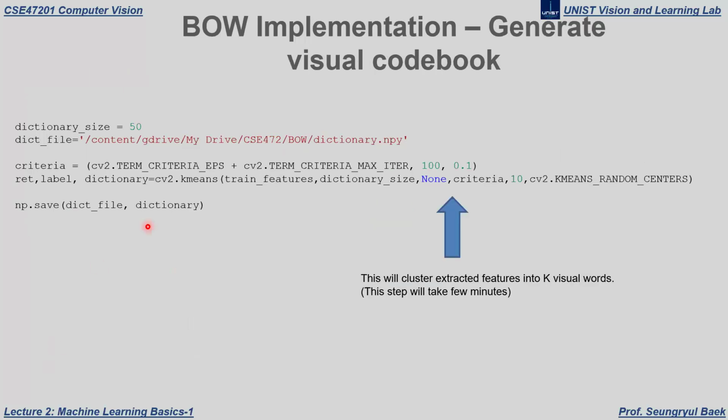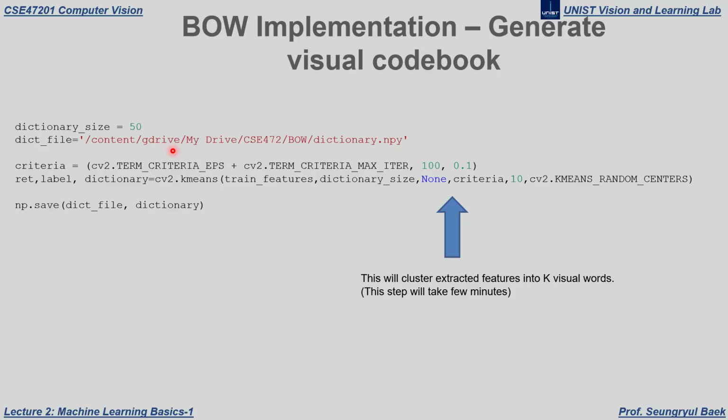And then we will apply the k-means clustering algorithm, as we learned, on the train features, okay. The dictionary size means the number of visual words. This is the k value in k-means clustering, and it determines the size of the visual vocabulary. For the criteria, we will use the same two criteria: the maximum iteration number, and the minimum variation.